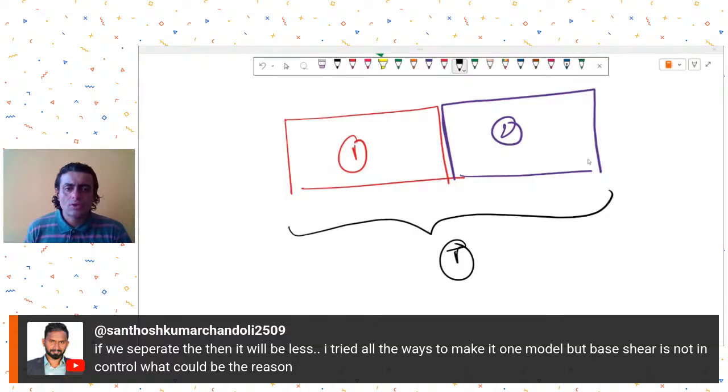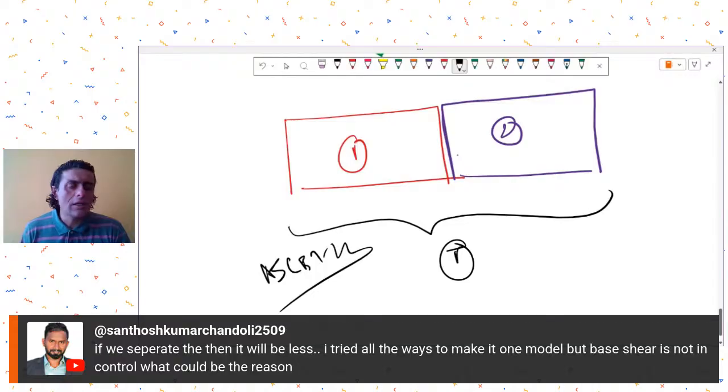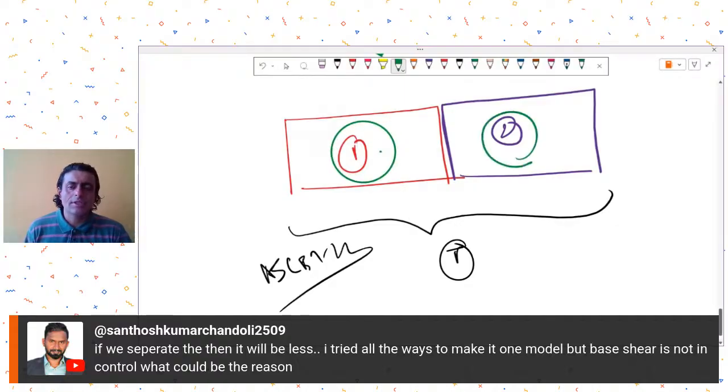I am assuming you are using ASCE 7, which does allow you to consider the computer calculated time periods. That means the modal time periods you can straight away take for the calculations. So first check how the mode shapes are being generated. Is this being considered in the software as a separate unit, and is this being considered as a separate unit?